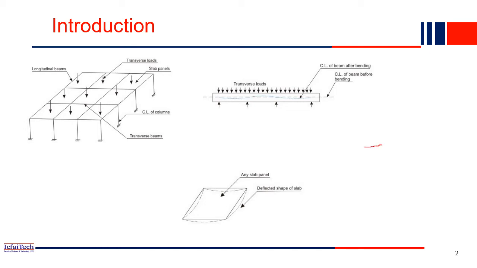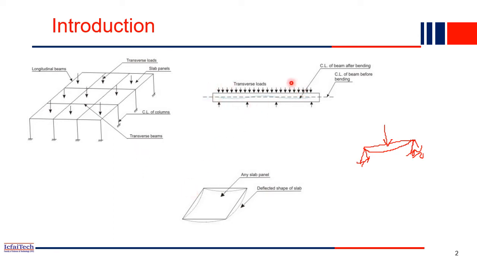We have discussed different beams, right? If a cantilever beam is there or a simply supported beam is there, and if a load is acting at the center, the beam will deflect, right? And this is the deflected shape, something like that. So whenever loads are applied, there will be deflections, whether it is a beam or a column or a slab.